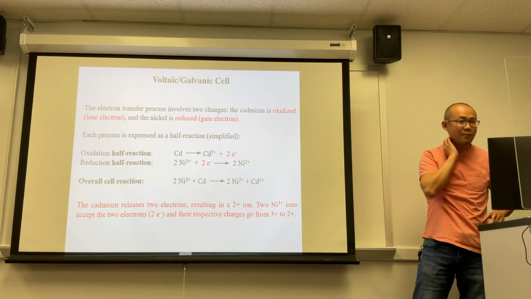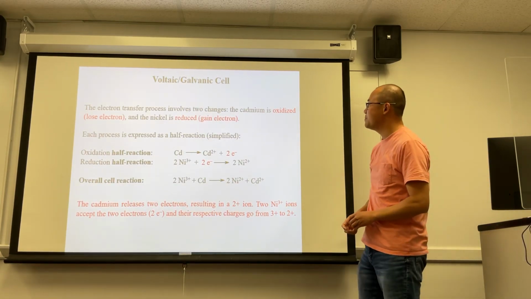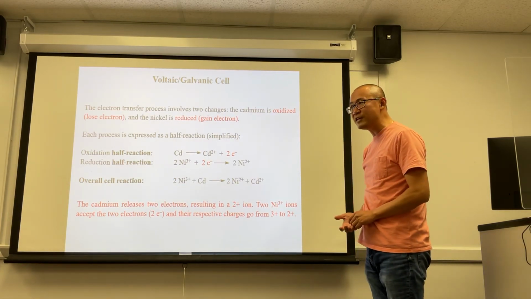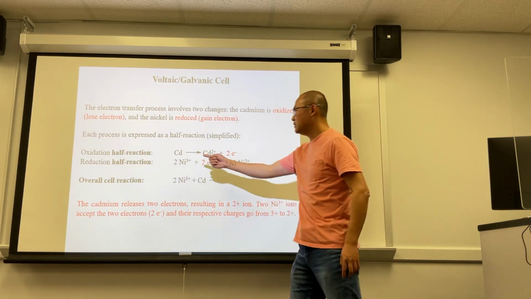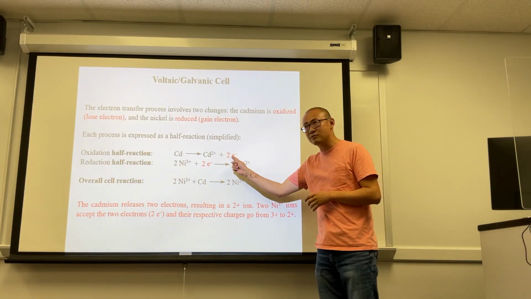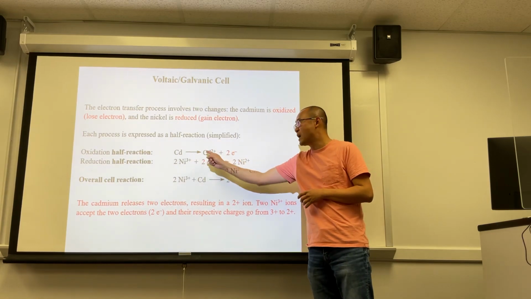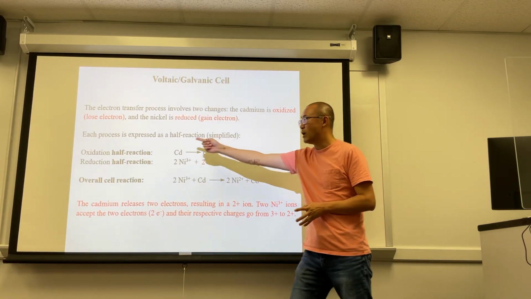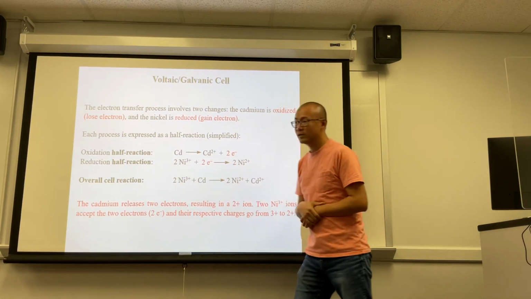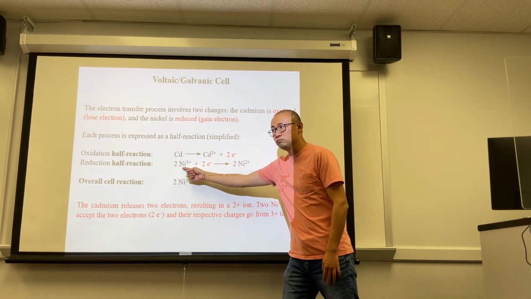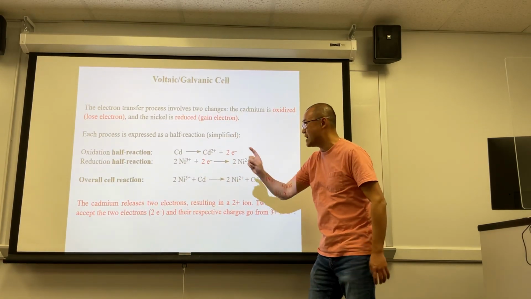Let's take a look at the reaction of a nickel-cadmium cell. The oxidation reaction is cadmium losing 2 electrons, so cadmium metal becomes cadmium 2+. We call this oxidation. On the other hand, nickel does not exist in the battery as nickel metal.